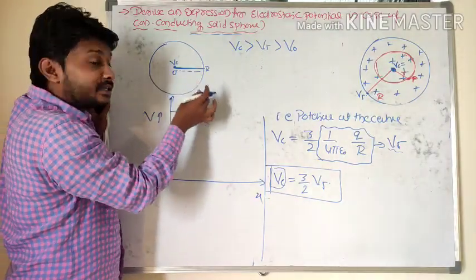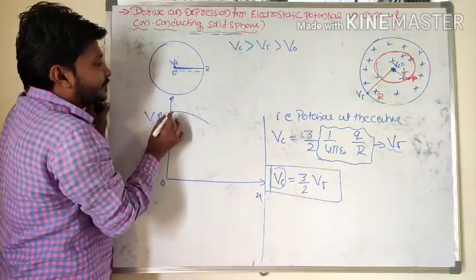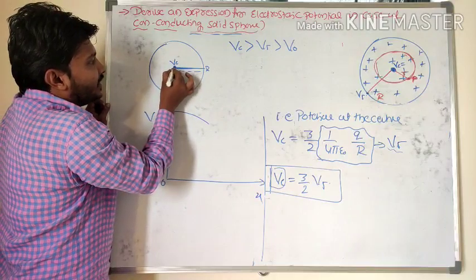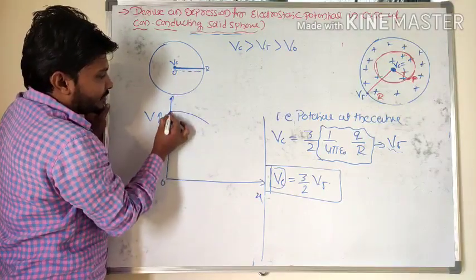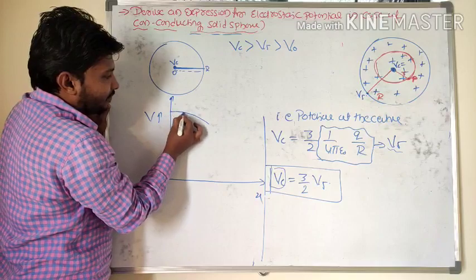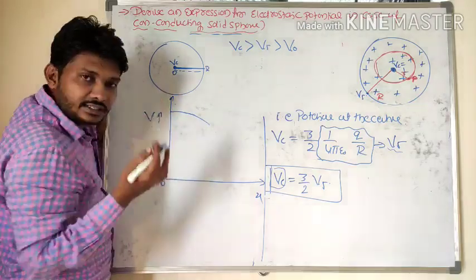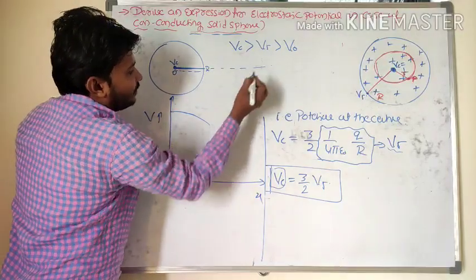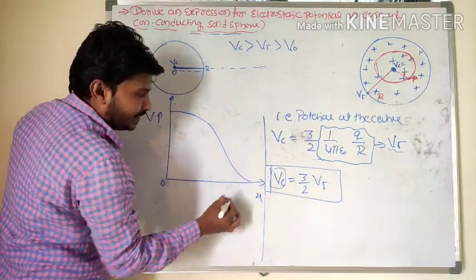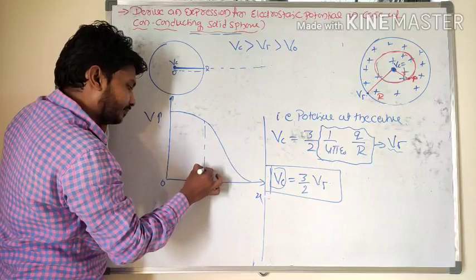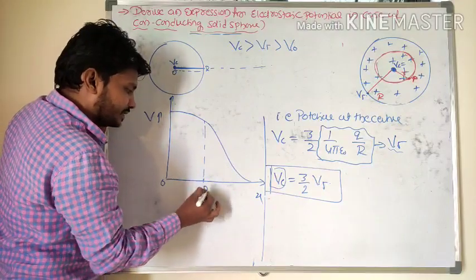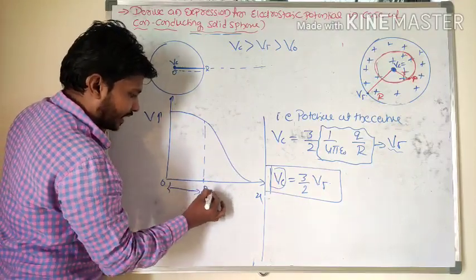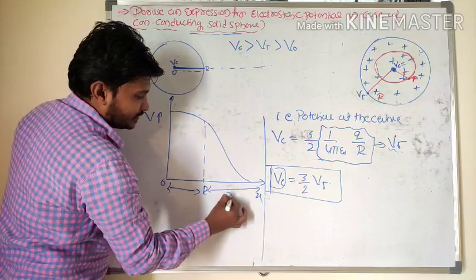Potential value is maximum at the center of the sphere. As I move from the center of the sphere to the surface, potential value goes on decreasing. Potential value keeps decreasing as I move from the surface to outside. So this is the nature of the graph. This is the radius and this is outside.